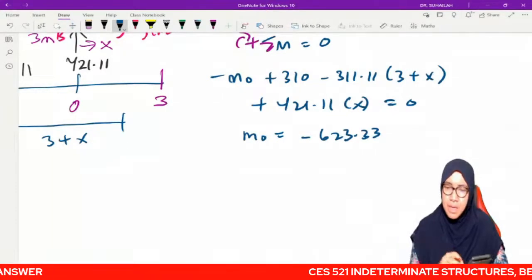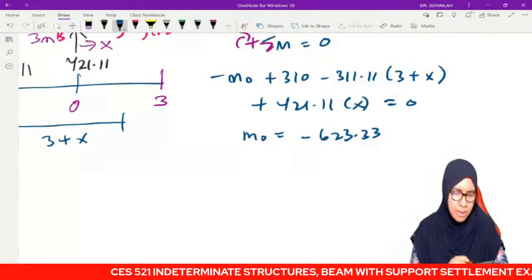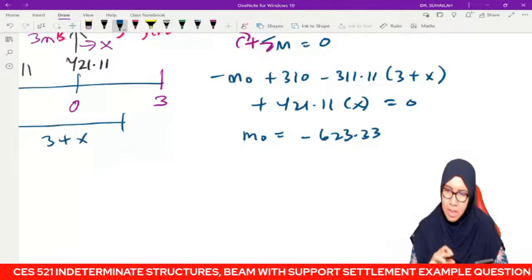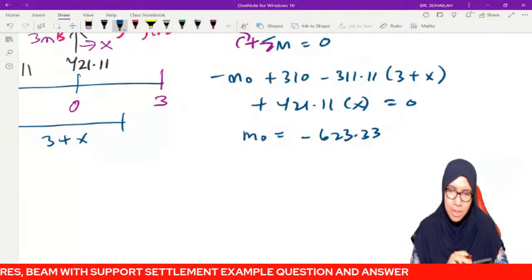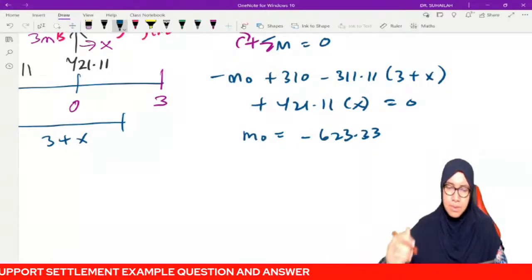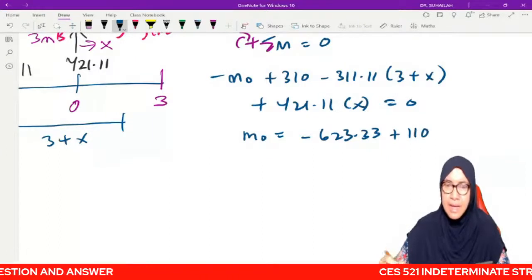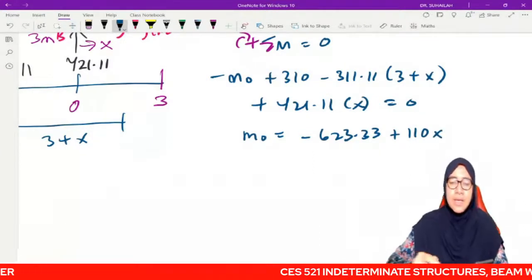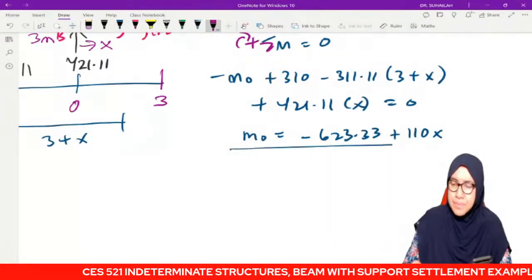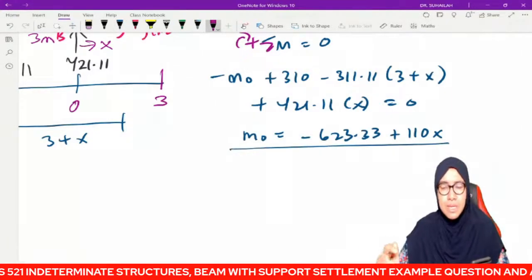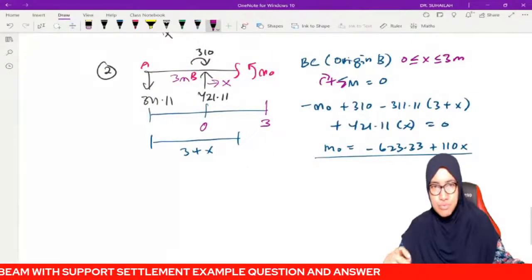And then we get 421.11 minus 311.11, so we get plus 110x. So this is the moment equation for section number 2.